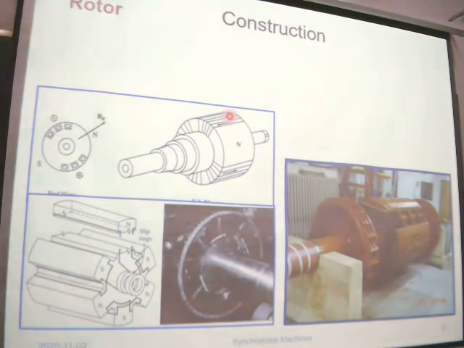For a squirrel cage induction machine, there is no source to the rotor, and in a wound rotor induction machine, a three-phase alternating current can be given to the rotor, but here we just give DC current to the rotor.